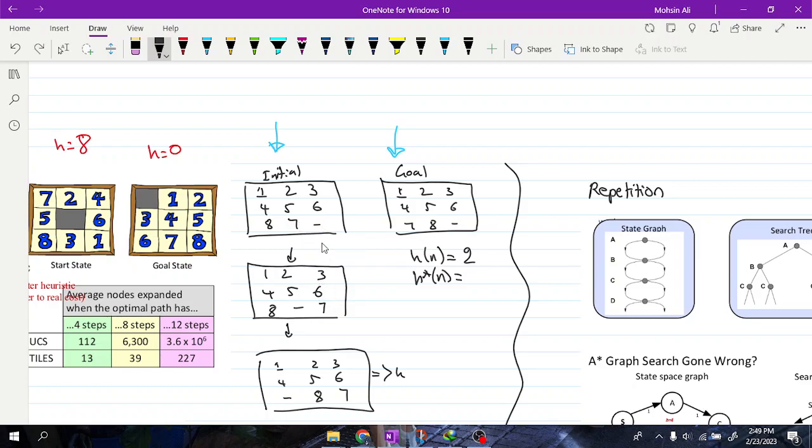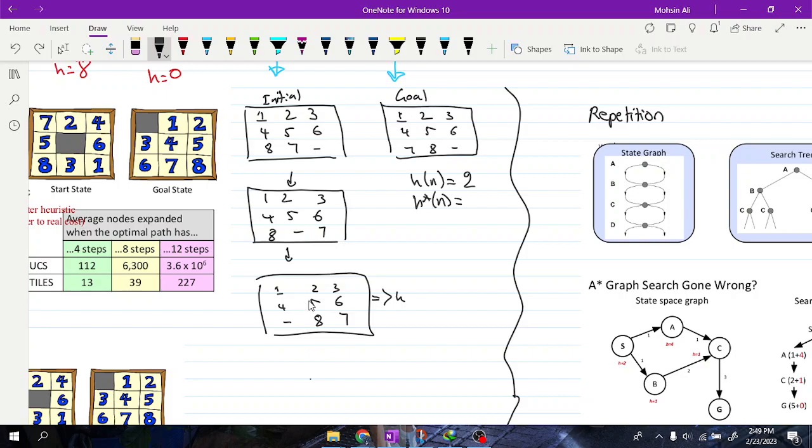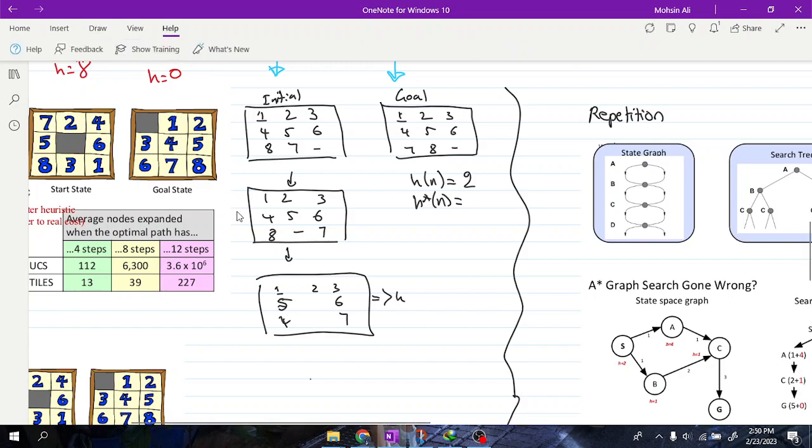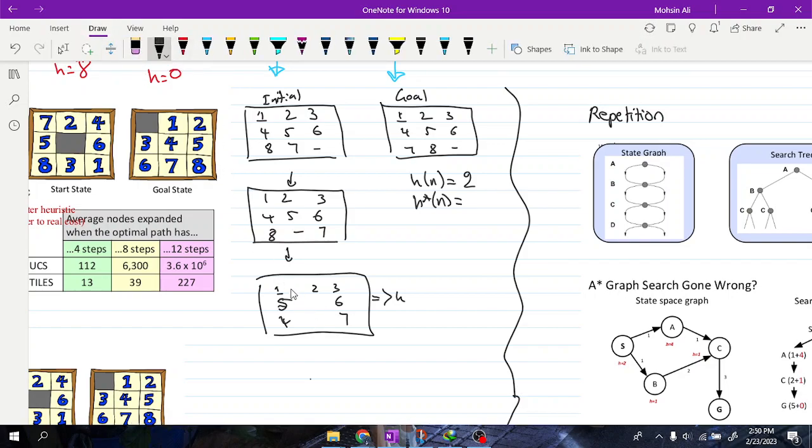So for example, I've shown this next state where I've moved this blank over there, and then this blank towards the left, and then I have to do some sort of an operation where this blank will go up, then this will come down, and then this will go towards the right. So there's 5 over here, blank over there, and then 8 is going to go up.